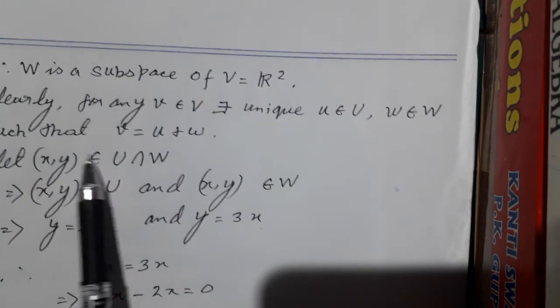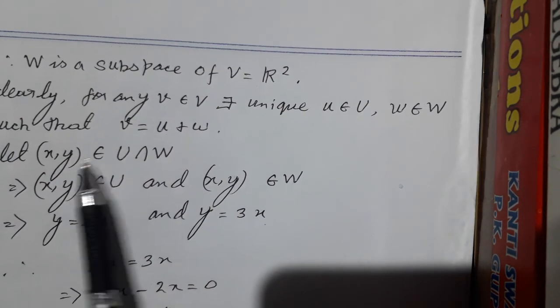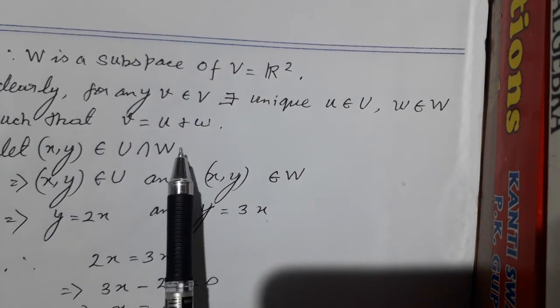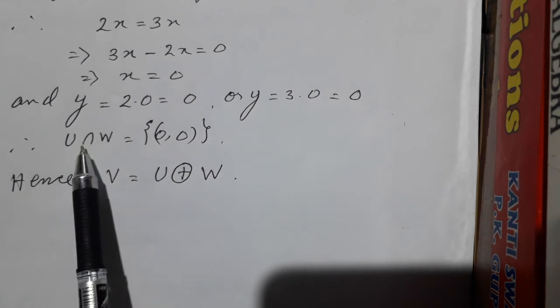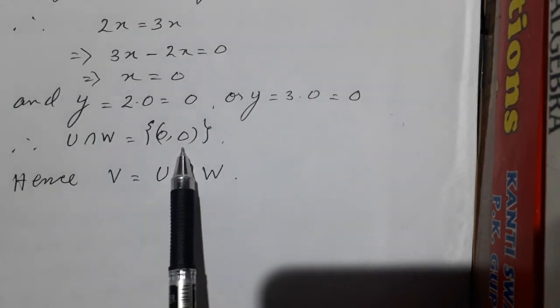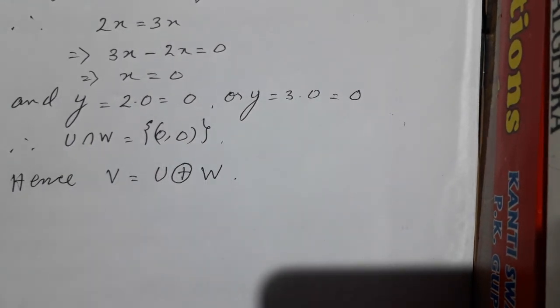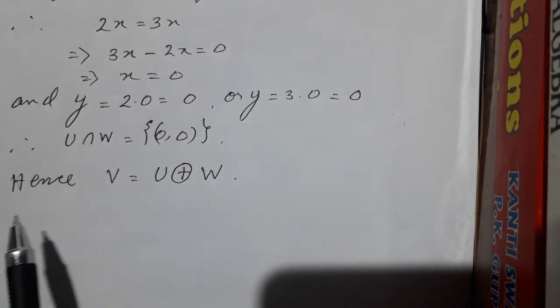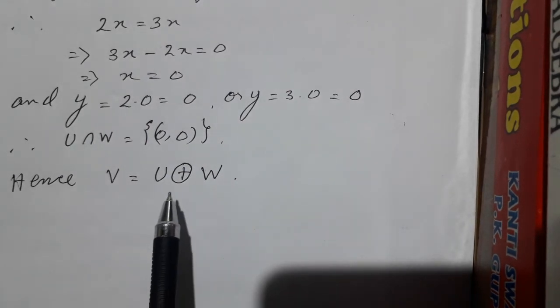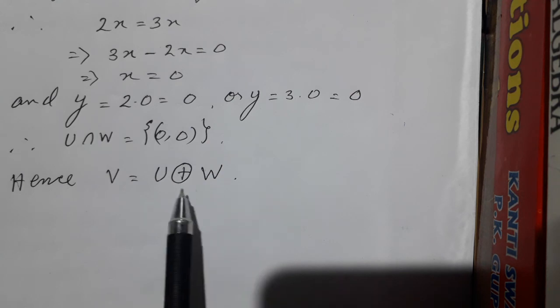So I took a general element (x, y), and I got x to be 0 and y also 0. So that general element should be 0. So U intersection W consists of only the 0 element. Since it consists of only the 0 element, hence V can be written as the internal direct sum of U and W. Thank you.